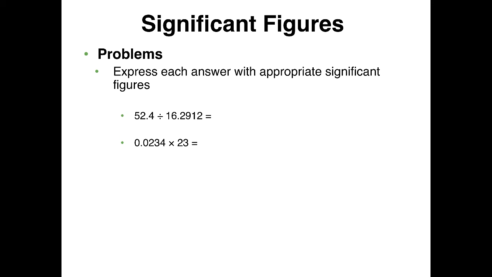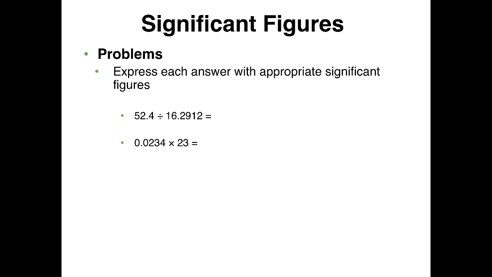So let me actually do these 2 problems on a calculator and give you what the answer should be. The first one, 52.4 divided by 16.2912, the answer on your calculator is 3.216460420, etc. You should round that up to 3.22.